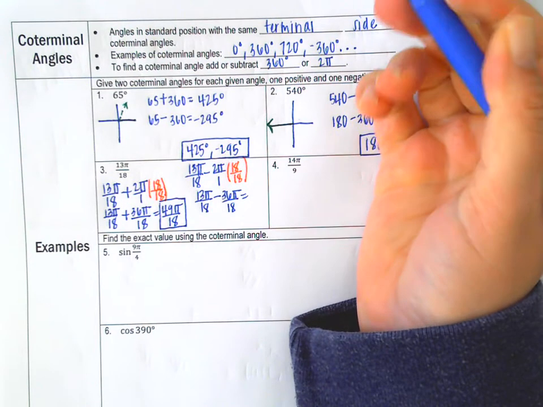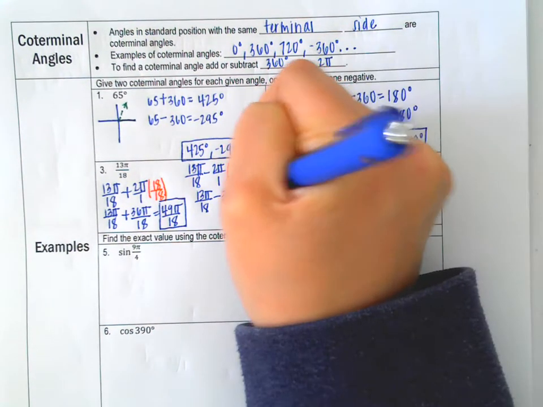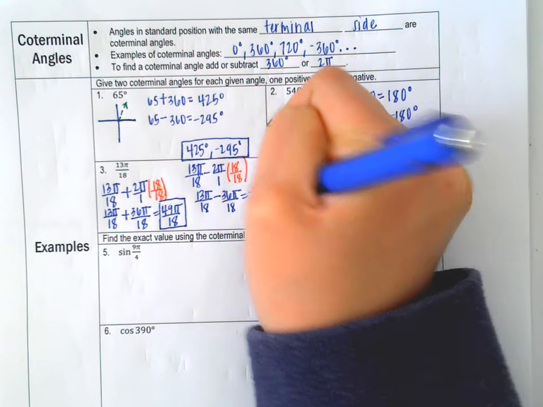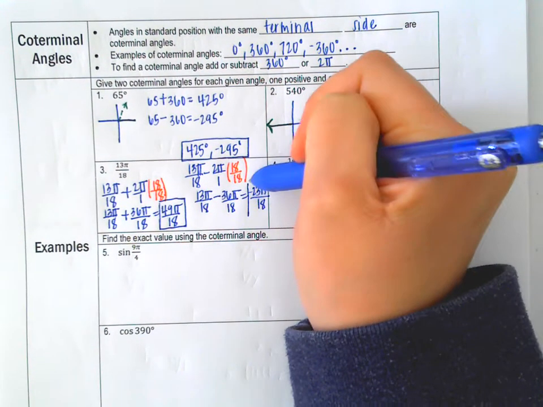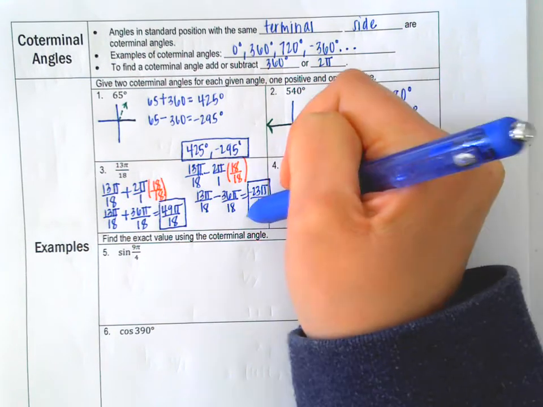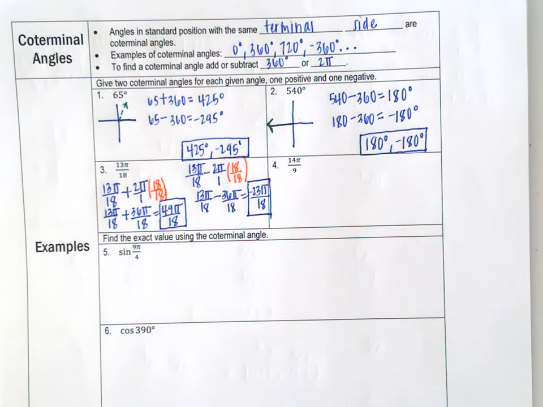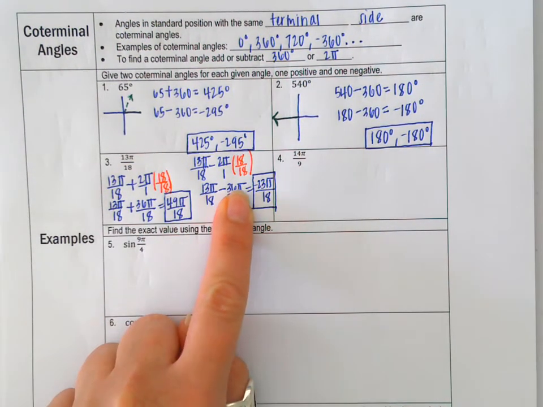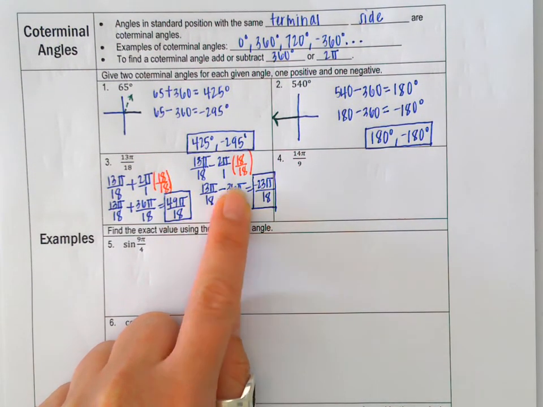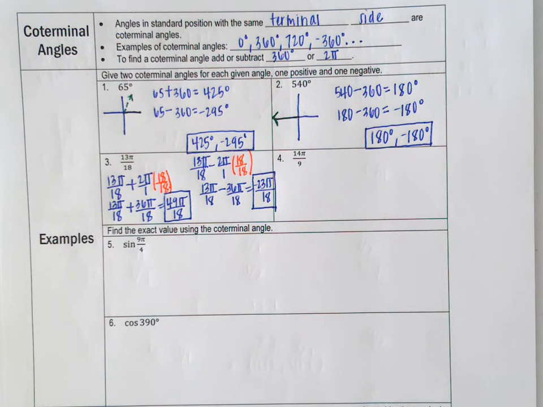And 13 minus 36 gets me negative 23 pi over 18. Notice how I really ignore the pi. I treat the pi almost as if it were a variable, like an x, so I just deal with the coefficients, and that's all that I'm doing there.